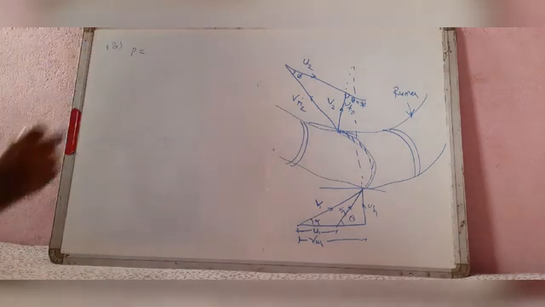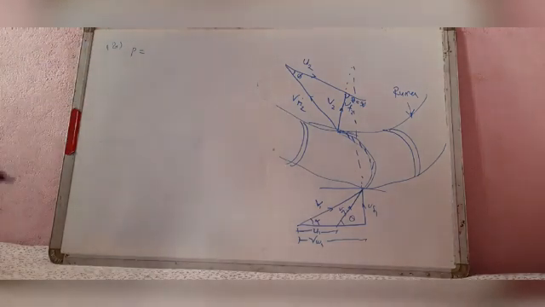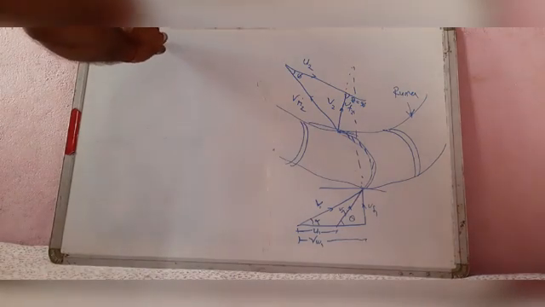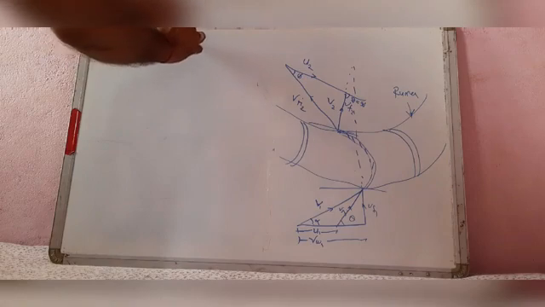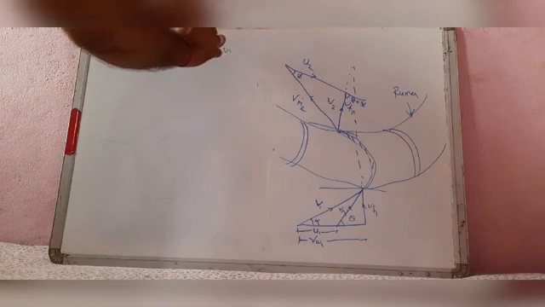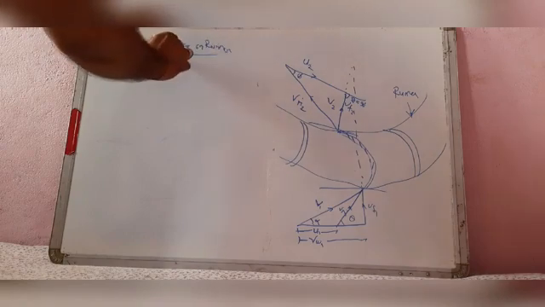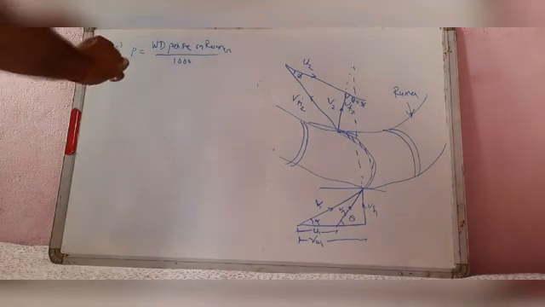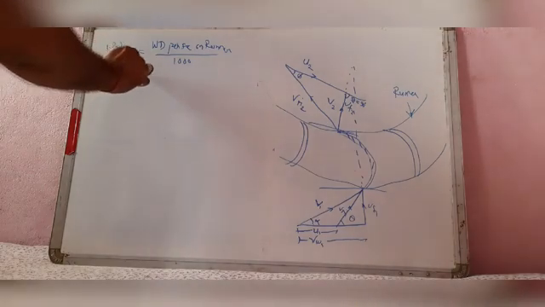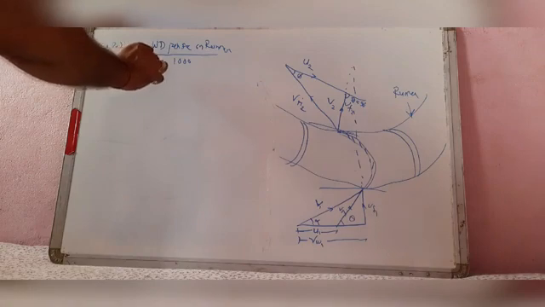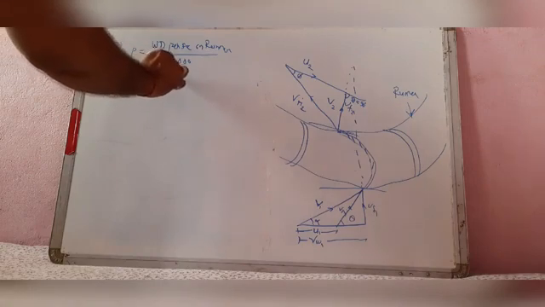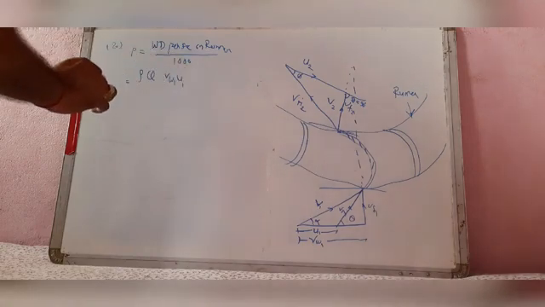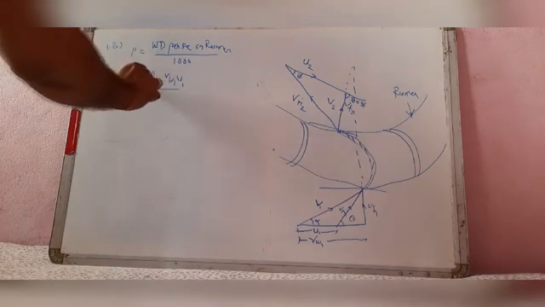Power equal to work done per second on runner by 1000, in kilowatts, that is equal to rho Q VW1 U1 by 1000.